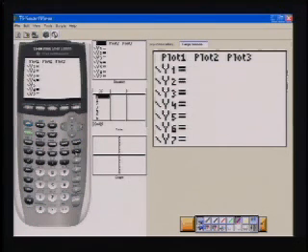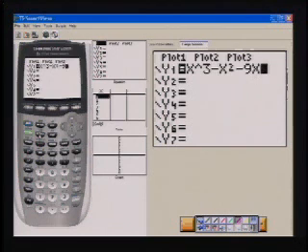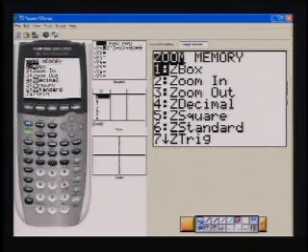We can use this caret button to say, here comes an exponent. So I'm going to put my x, and then say, okay, here comes an exponent, and then my exponent is 3. Minus x squared minus 9x plus 9. And again, I'm going to start out with my standard viewing window.